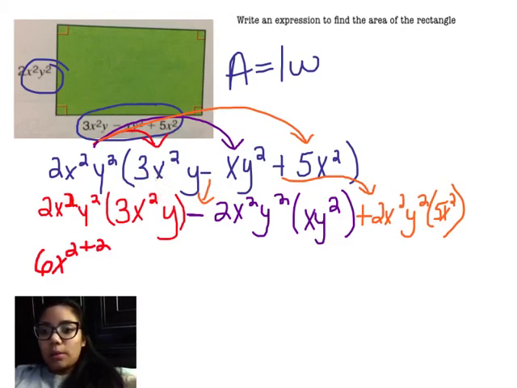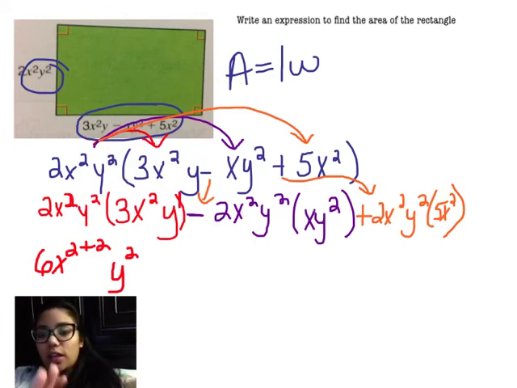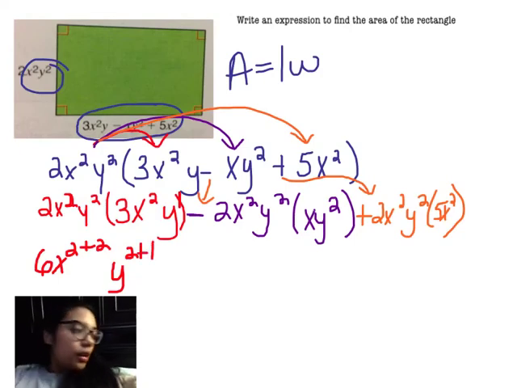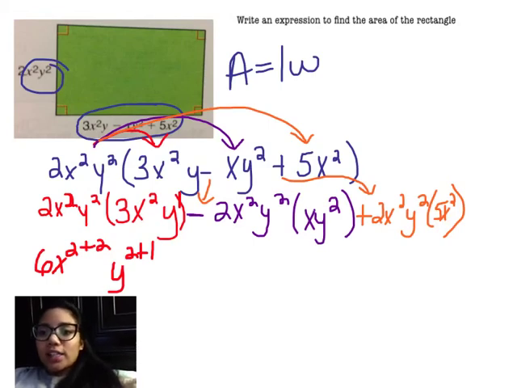And then I'm going to do y, and that's a 2, and then there's an imaginary 1 there, because y raised to nothing is actually y to the first power. So I have y times 2 plus 1. So I'm going to go ahead and simplify that out. 6x, 2 plus 2 is 4, so 6x to the 4th times y, 2 plus 1 is 3.